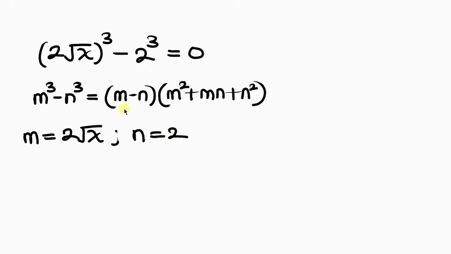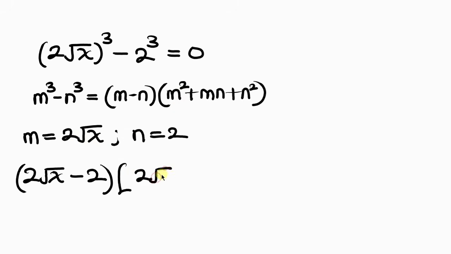Now let's write this in this form. So we have m minus n. M is 2 root x minus n. N is 2. So this should be inside the parenthesis, just like this. Then let me open another parenthesis here. We have m squared. What is our m? Our m is 2 root x.